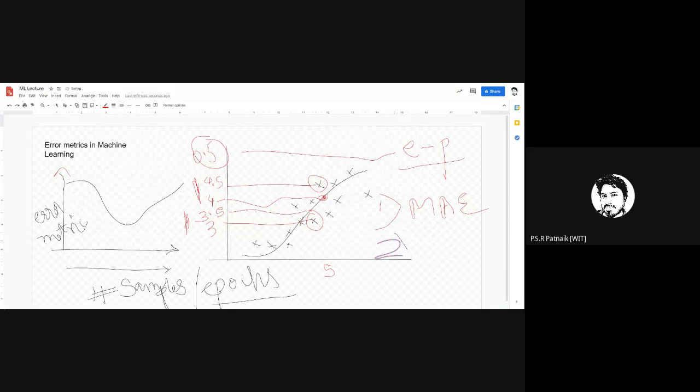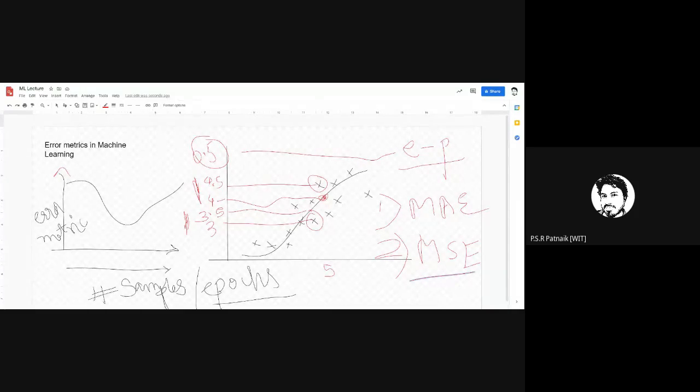The second one is MSE. Can you guess what S stands for? Can you at least type this? S stands for squared.